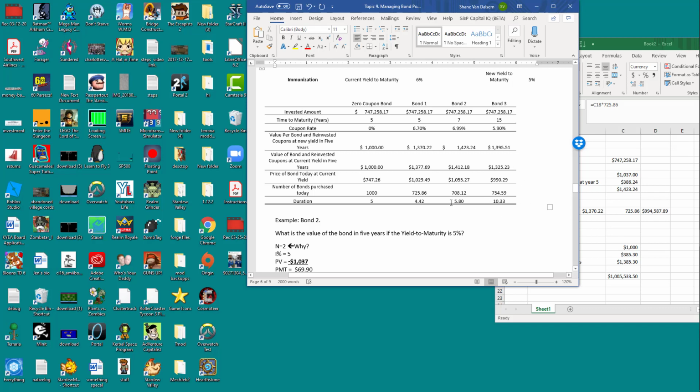I can't combine bonds 2 and 3 because I can't take a negative position in these bonds. I can't sell them short. So any combination of these two with positive weights would result in a duration of greater than 5, because neither of them has a duration of less than 5. Okay, so I can't combine these two.